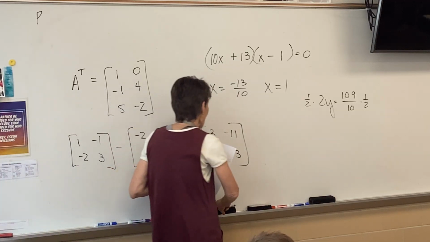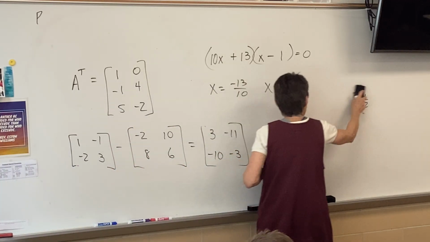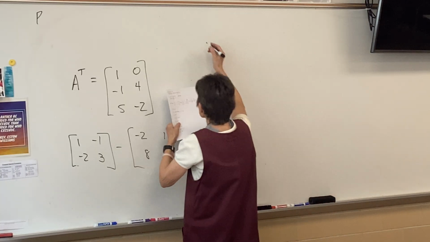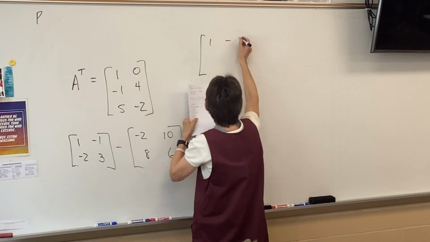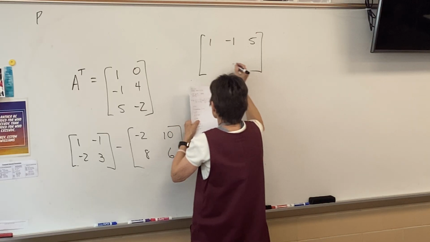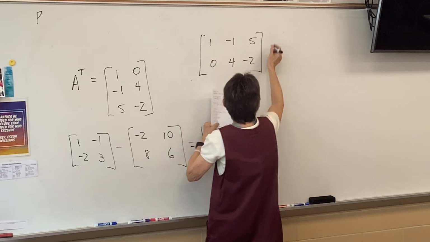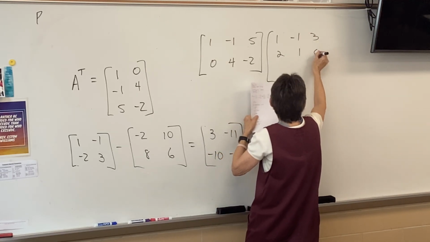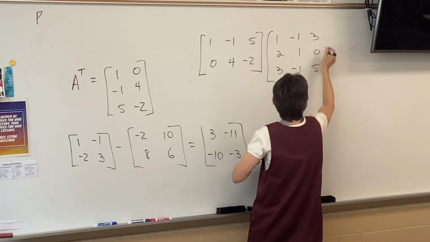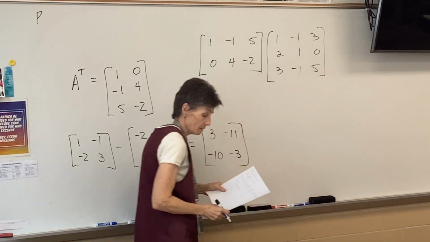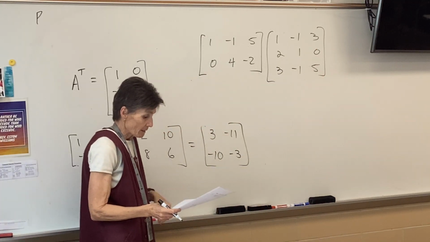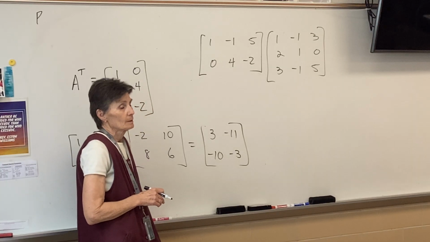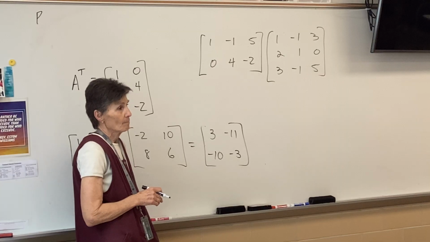All right. A times B. So here's matrix A. Here is matrix B. I am going to multiply them.